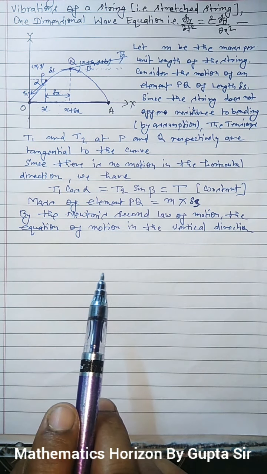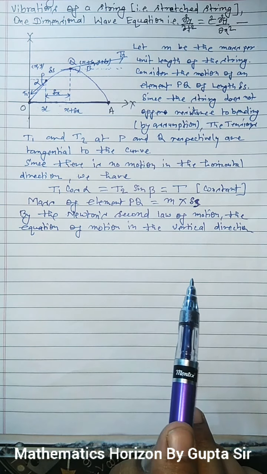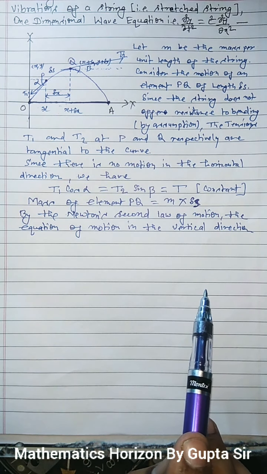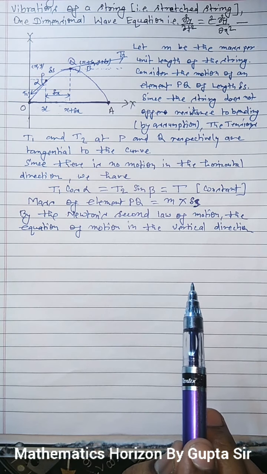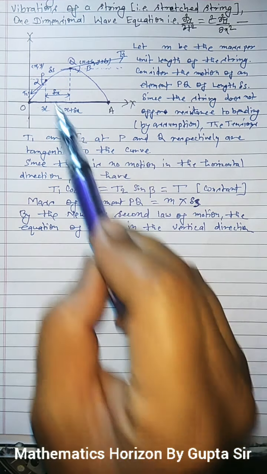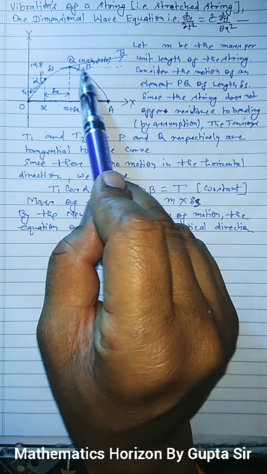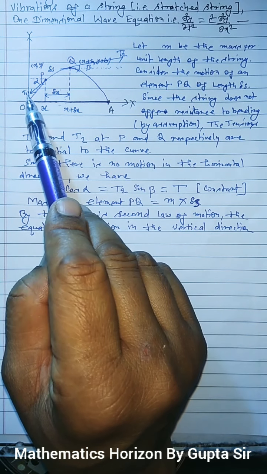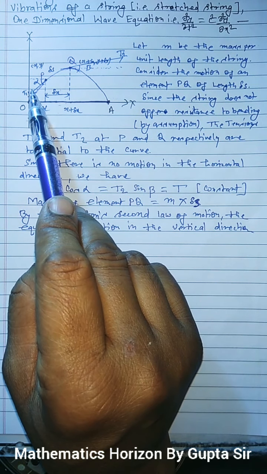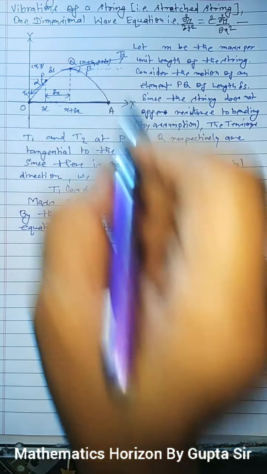That is, by Newton's second law of motion, the acceleration of an object is produced by the net force. Net force is this, tan alpha plus tan beta, but tan alpha is in the negative direction, in the downward direction. That's why we take here minus tan alpha, and this is tan beta.